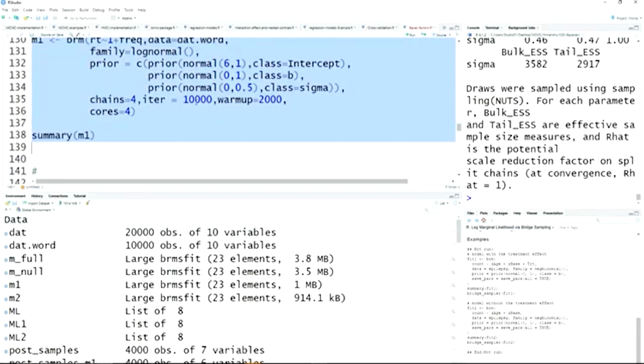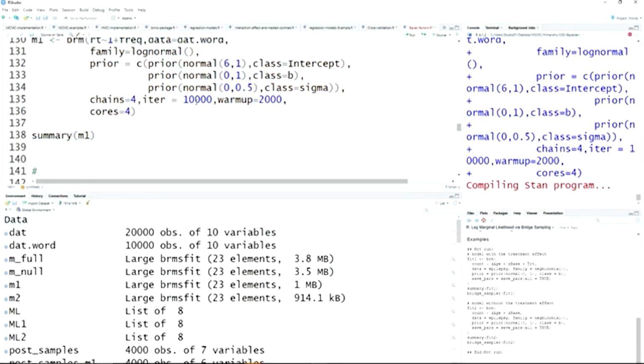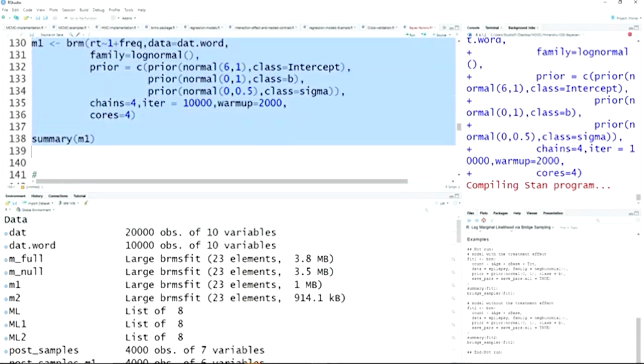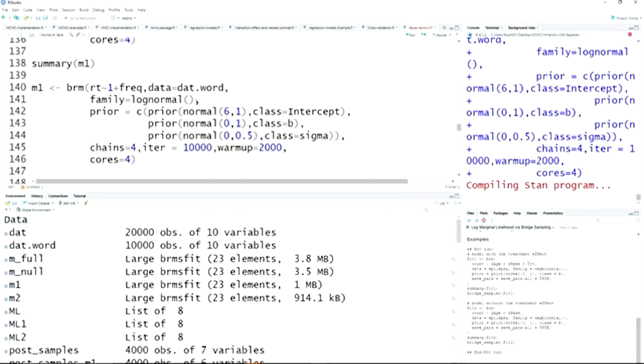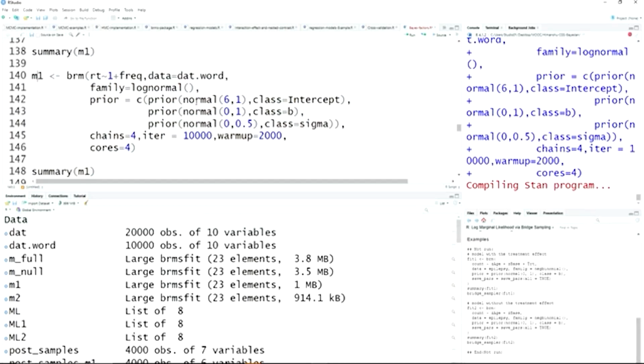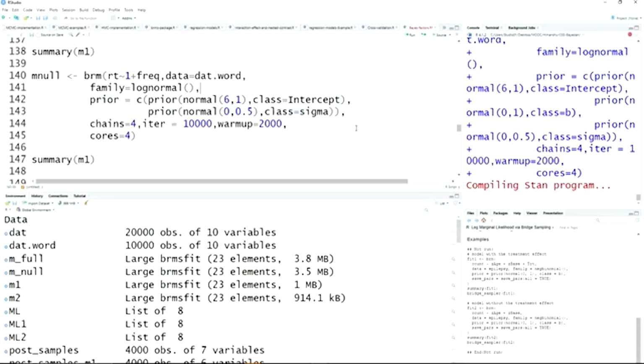And for the null model, how would you construct the null model? So let's call it am null. Everything else would remain the same, but you can remove this beta. And here you can remove the effect of frequency. Right? So that would be your null model.